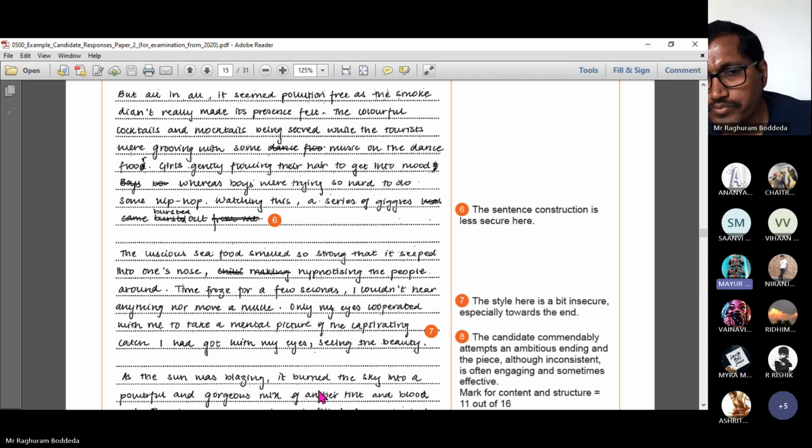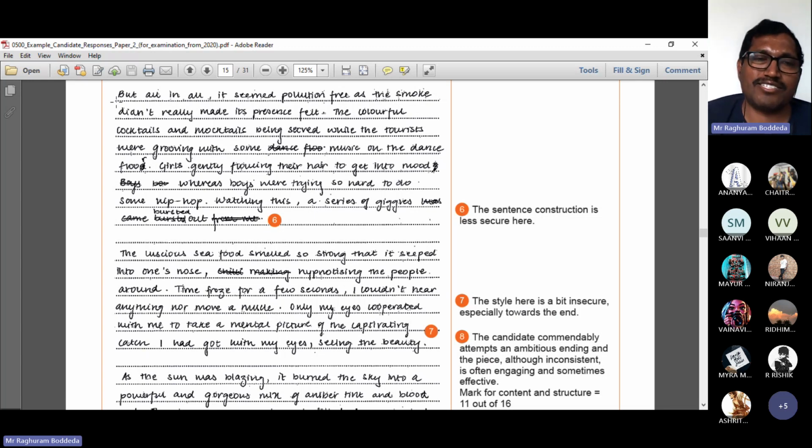There was no transition element, it was sudden. It's not on the same page. Even the sentence structure, these last sentences are not apt to this particular concept, according to what the examiner commented.